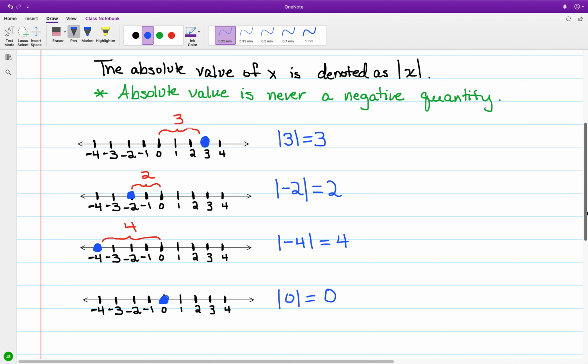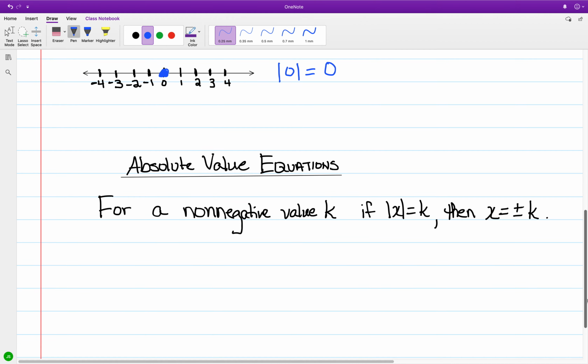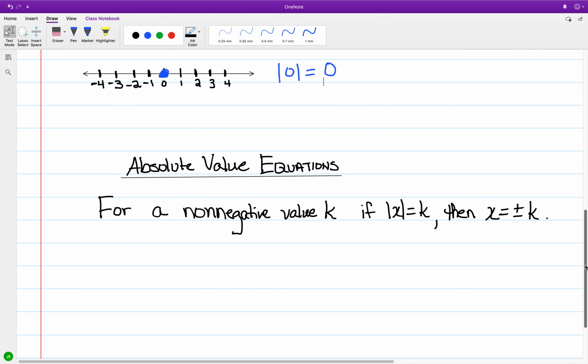Now as we cross over to absolute value equations, again, absolute value is never negative, and for a non-negative value k, if the absolute value of x is equal to k, then x is equal to plus or minus k.